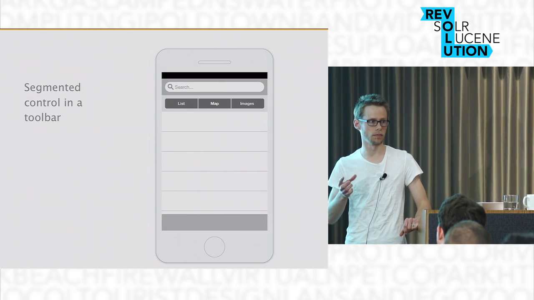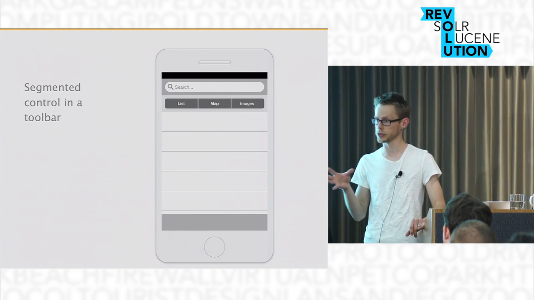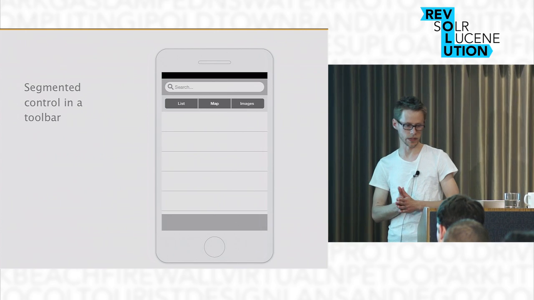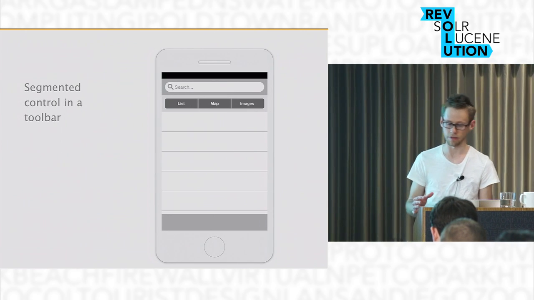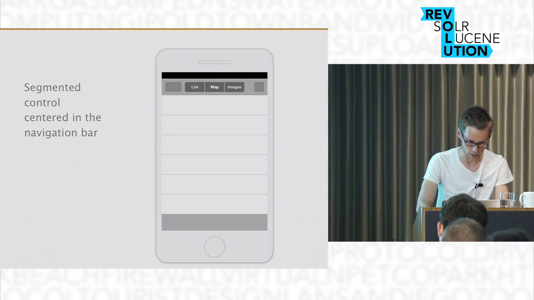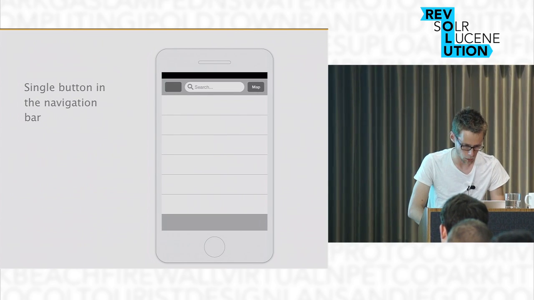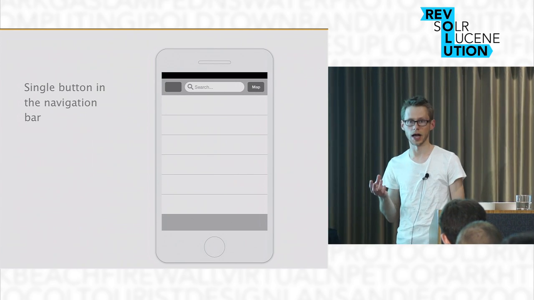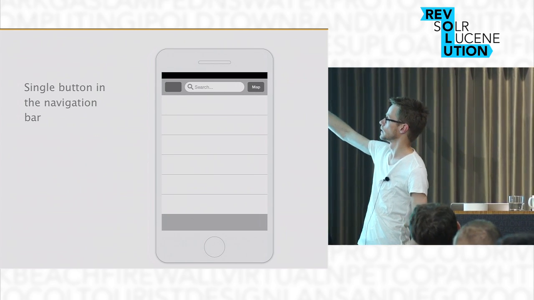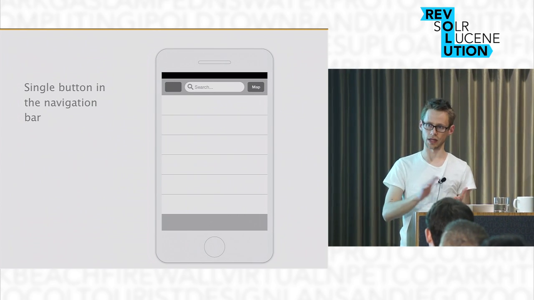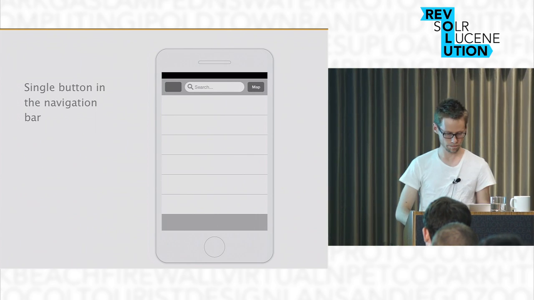Users may often want the ability to choose which display format they're being presented. Ways to do that could be a segmented control, so list, map, images, for instance, or if you just have two different display formats, a single button such as map there in the top right could toggle between, let's say, a list view and a map view.